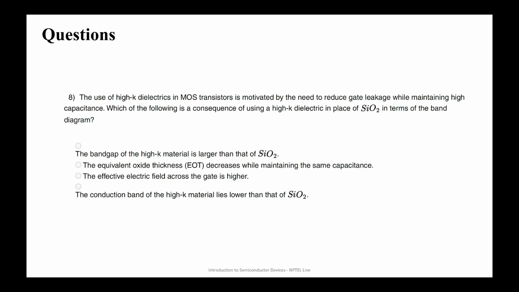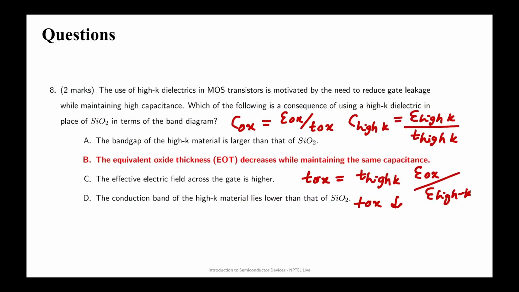The effective electric field across the gate is higher. The conduction band of the high-k material lies lower than that of SiO2. So the answer would be the equivalent oxide thickness decreases while maintaining the same capacitance. This we have already studied in the MOS capacitor lectures.